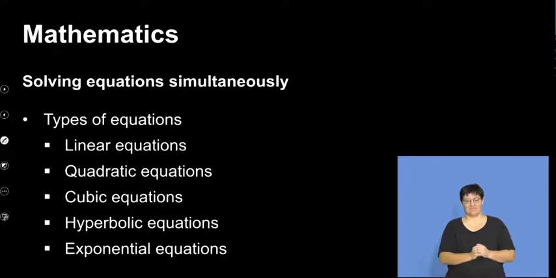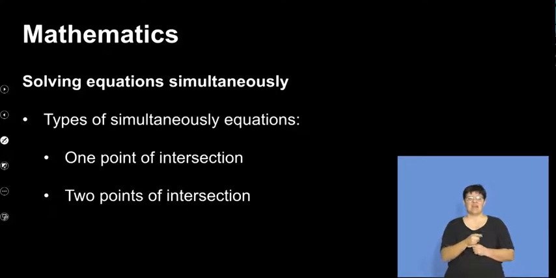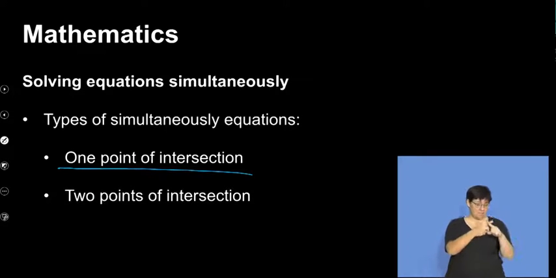So remember, just before that, the types of equations that we've spoken about so far are the linear, quadratic, and the hyperbolic. The cubic and the exponential, I said, just don't look at them as yet. Now, the types of simultaneous equations: there is one point of intersection when we have a linear and a linear.